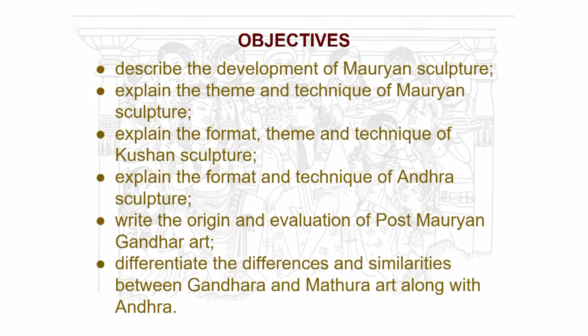You will be able to explain the format and technique of Andhra sculpture, and you will be able to write the origin and evolution of post-Mauryan Gandharan art and differentiate the differences and similarities between Gandhara and Mauryan art along with the Andhra sculptures.